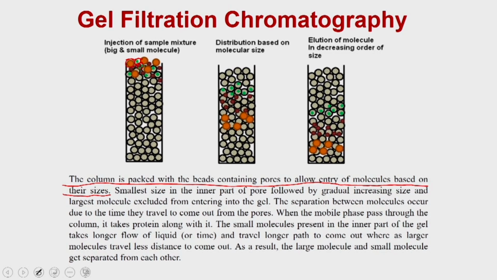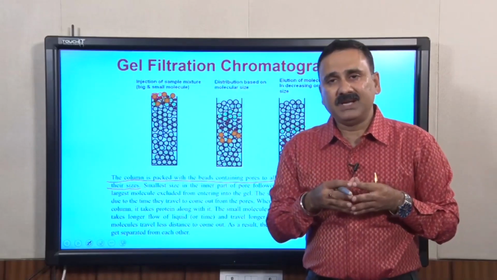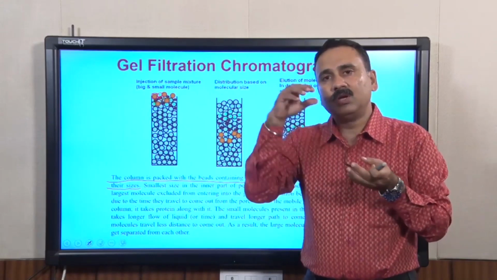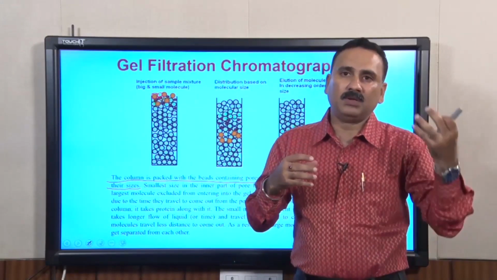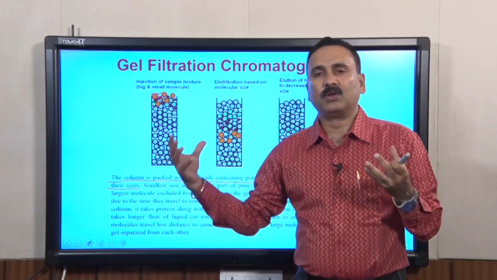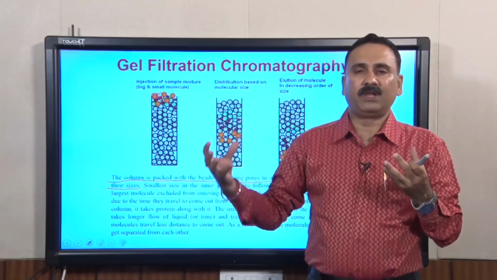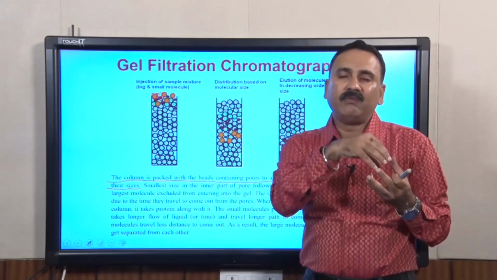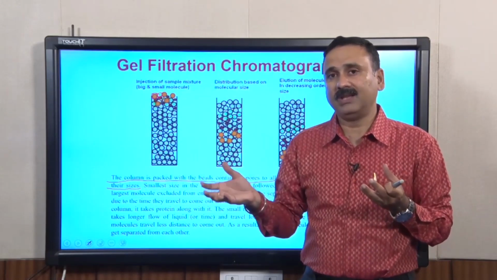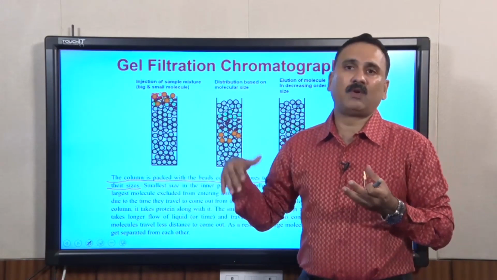All these molecules are going to distribute within these beads, and because these beads are not normal beads, these beads have pores. So, they will distribute between the space inside the pore and the space outside the pore. If the molecule is of a smaller diameter, it will get filled into those pores, whereas the molecule of larger size is going to be excluded from these pores.